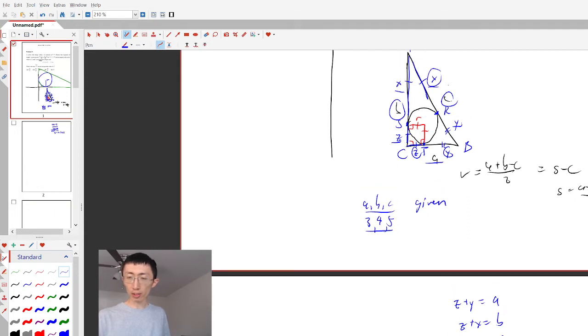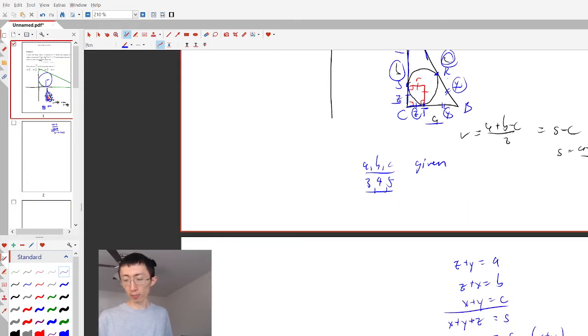But X plus Y is just the hypotenuse C. So we can just say S minus C.